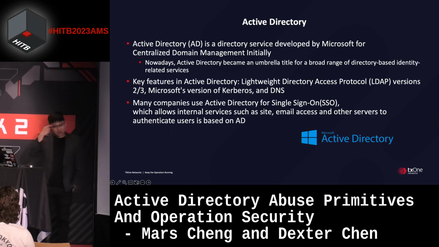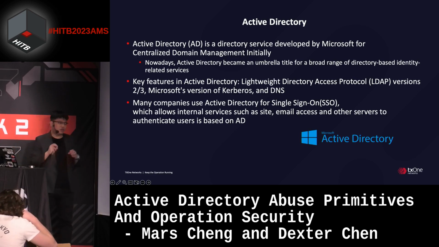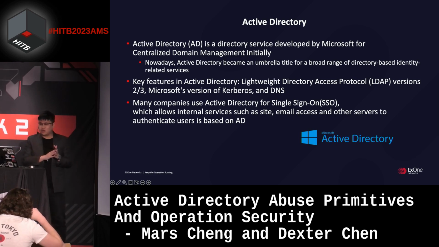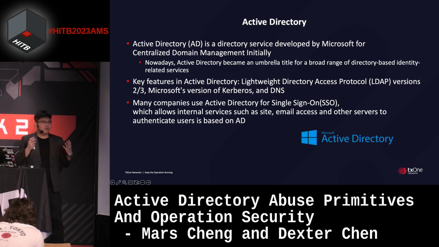So first, an overview of Active Directory. Active Directory is a directory service developed by Microsoft, originally focused on centralized management. But nowadays, AD has become the key asset for authentication and authorization in the enterprise environment. Over 97% of enterprises use AD in their environment, so it's very important.